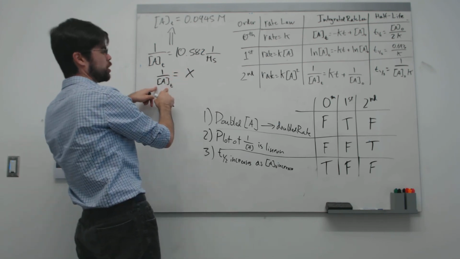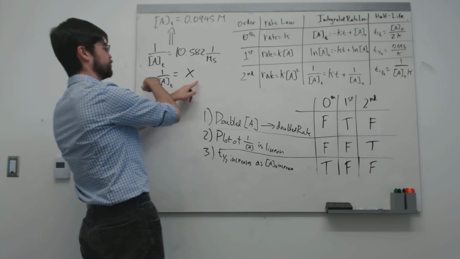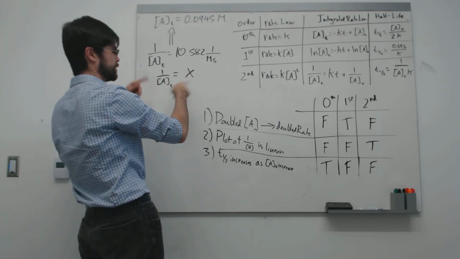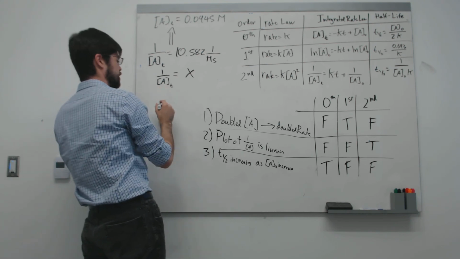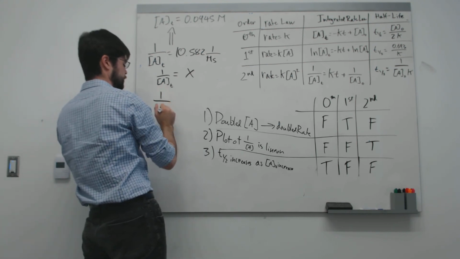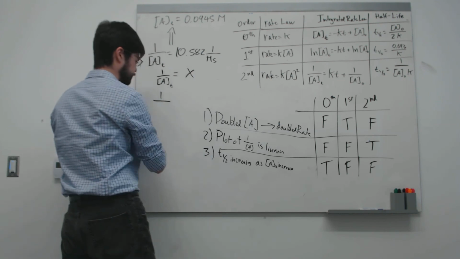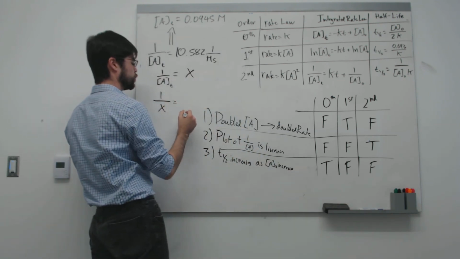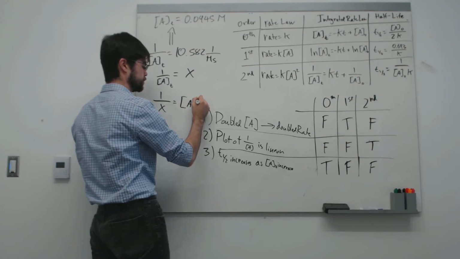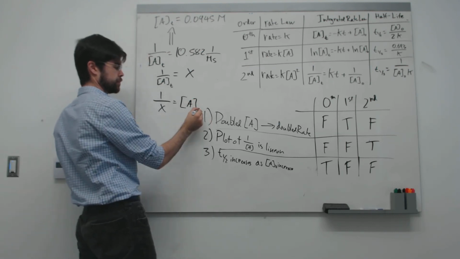So if I want to solve for concentration, I can invert these. I can cross multiply, whatever. I move this over here, and then I divide by X. So I get 1 over X is equal to the concentration at a specific time.